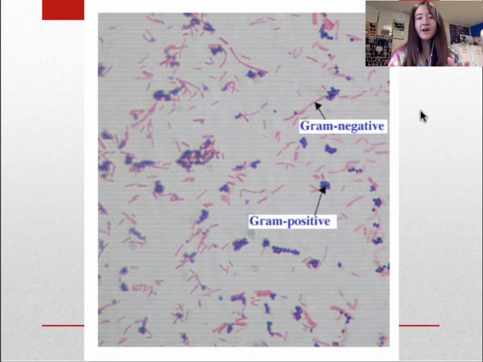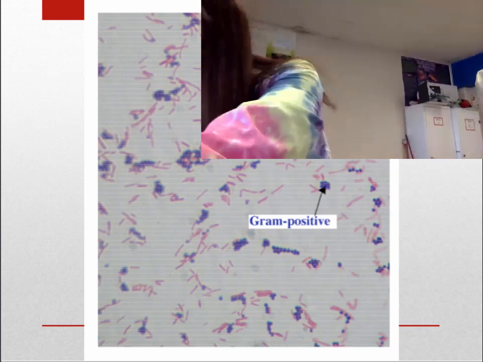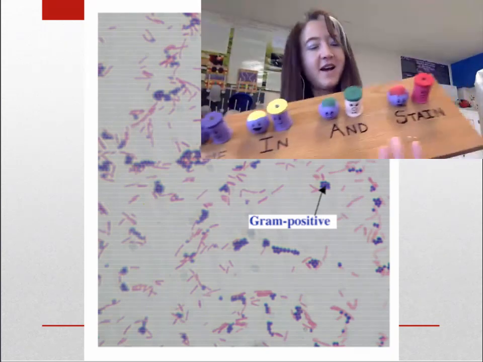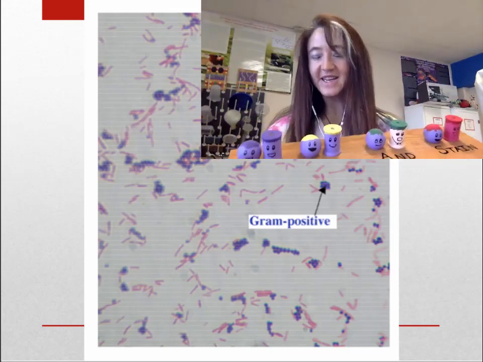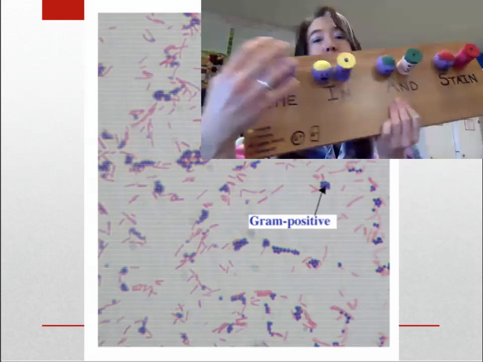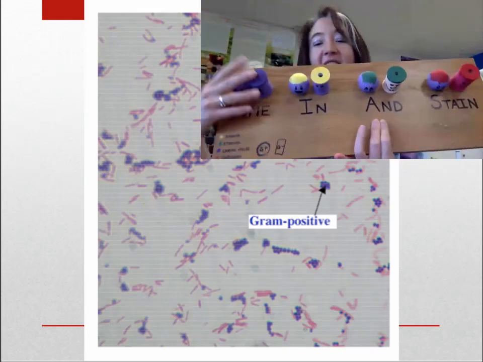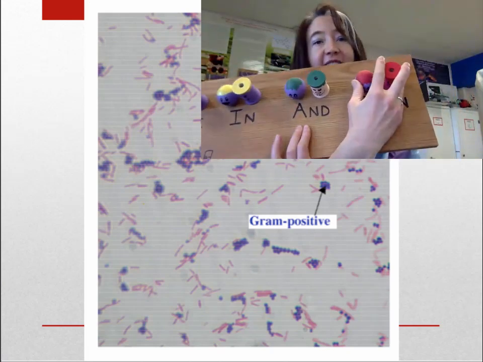I want to show you some models that my students have made in the past. The first one is a model that'll help you remember the order of events in the gram stain. For this model, they used spools and wood and then painted everything. Come in and stain. Crystal violet, iodine, alcohol, safranin.